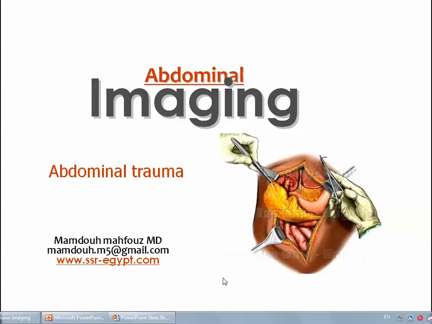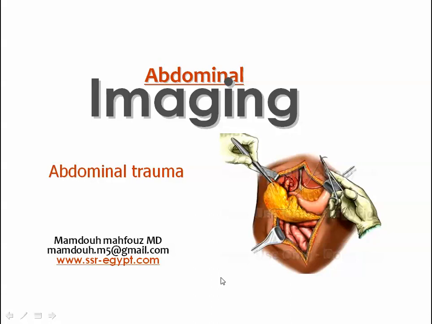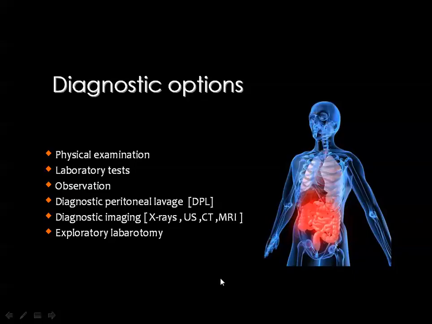But what is commonly seen in clinical practice is patients with blunt abdominal trauma, where the availability of multi-detector CT has greatly facilitated imaging and the diagnosis of these cases.